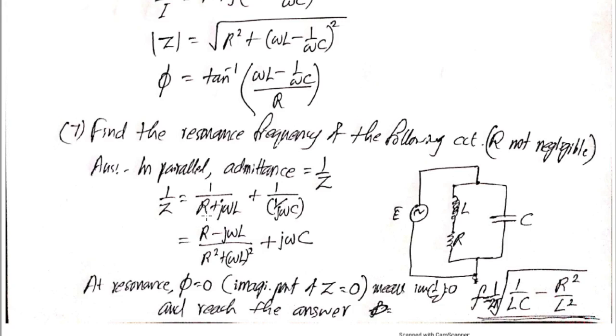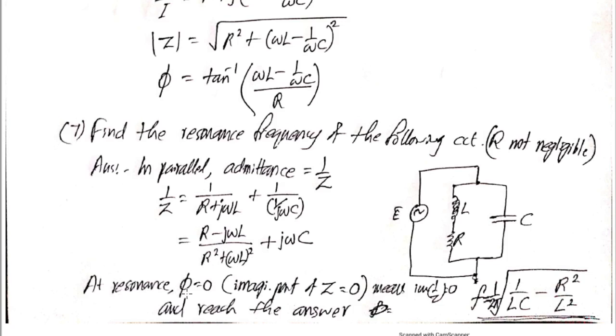And this 1/(R + jωL) can be multiplied with (R − jωL) in the numerator and denominator. So we get (R − jωL) by (R + jωL)(R − jωL), which becomes R² + ω²L². This is multiplied in order to remove the imaginary quantity from the denominator.